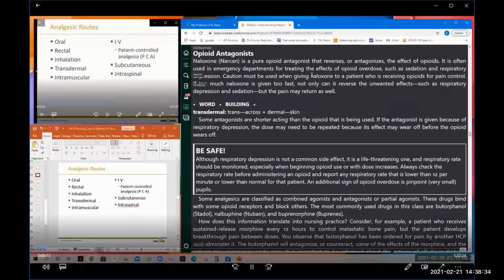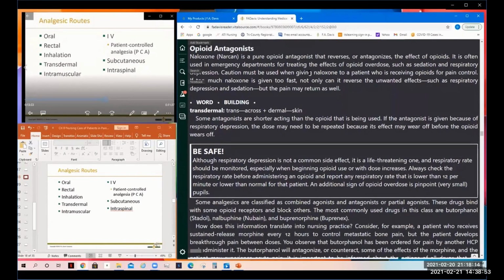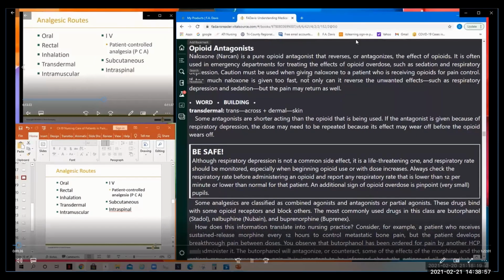Opioid antagonists. Naloxone or Narcan is a pure opioid antagonist that reverses or antagonizes the effect of opioids. It is often used in emergency departments for treating the effects of opioid overdose, such as sedation and respiratory depression.